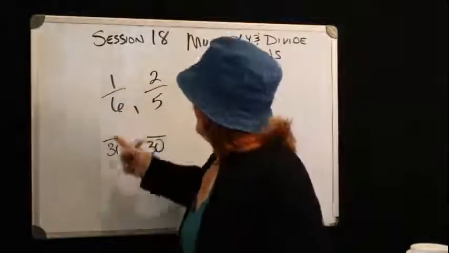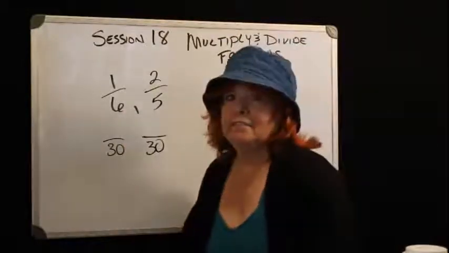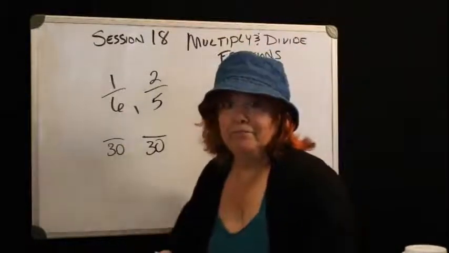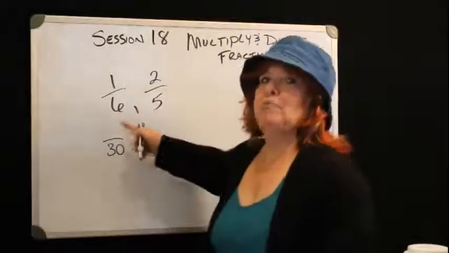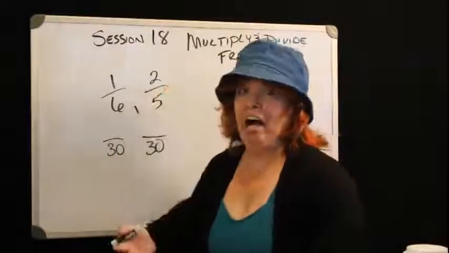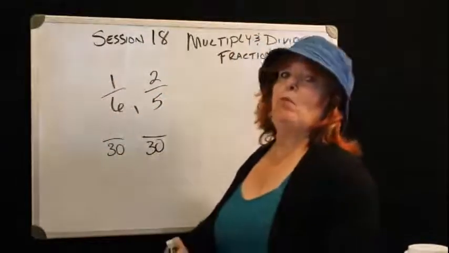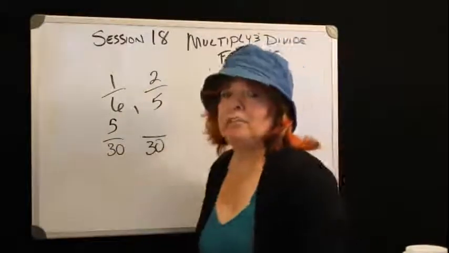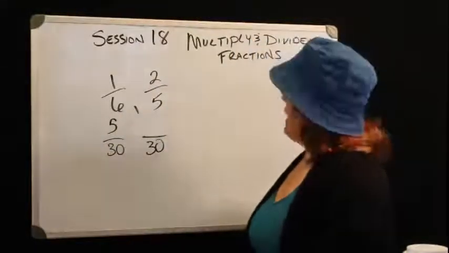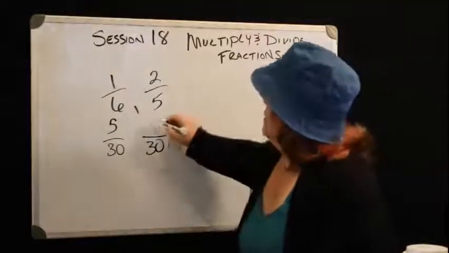So in order to get this 6 to be 30, I had to multiply it times 5. So you do the same thing with the 1. 5 times 1 is 5. In order to get this 5 to be 30, I had to multiply it times 6. So you do the same thing with the 2. 6 times 2 is 12. So you cross multiply.